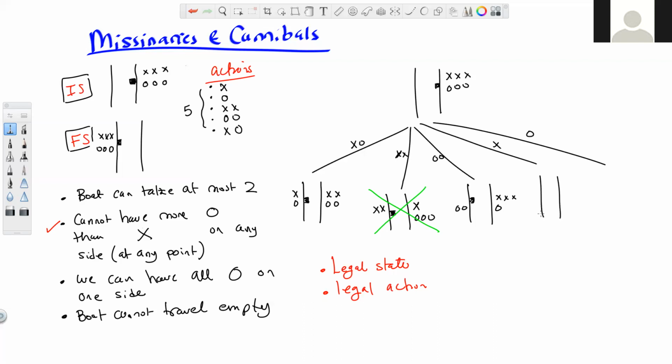Let's look here. So I moved 1 X, and then I have the X, I have the boat here, and then I have 2 X's, and I have 3 O's on the side. And let me do the last one.